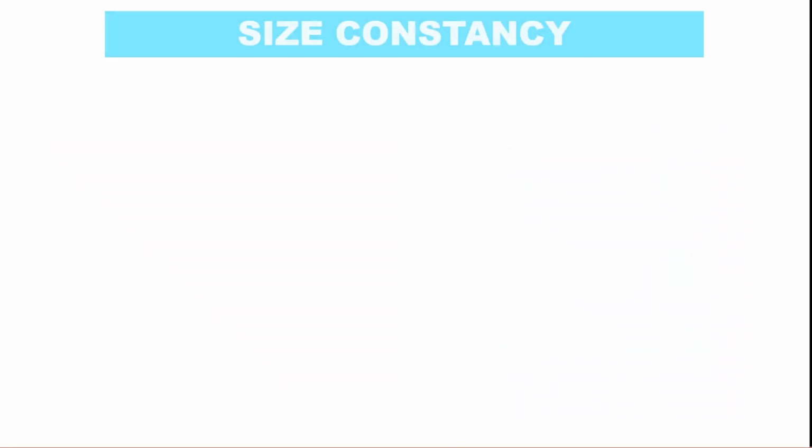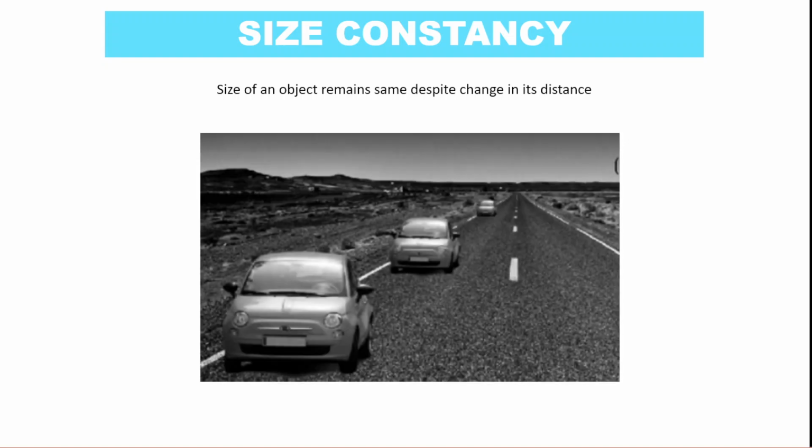The next one is size constancy. The size of an object remains the same despite a change in its distance from our position. So the car is the same size despite appearing smaller when it is further away. What is happening is that our brain is calculating all the environmental cues, like linear perspective, to calculate if the car is smaller or larger.